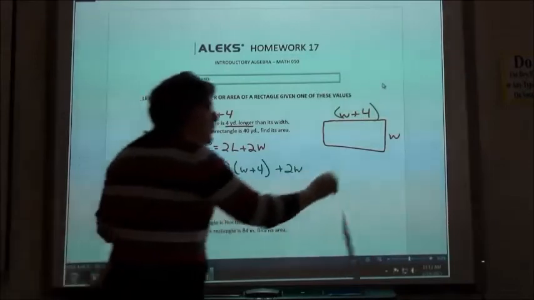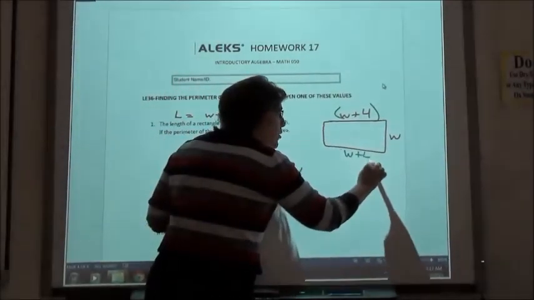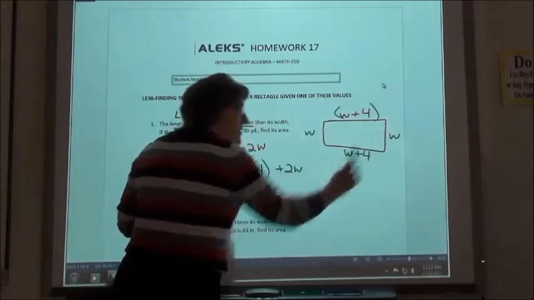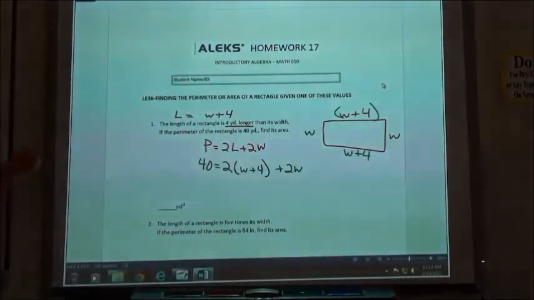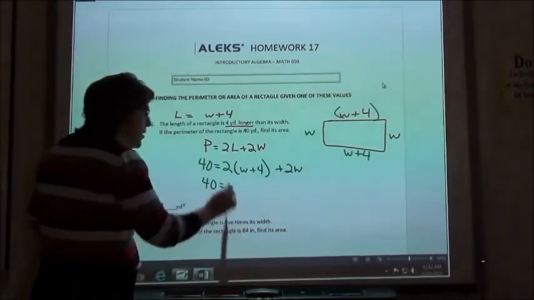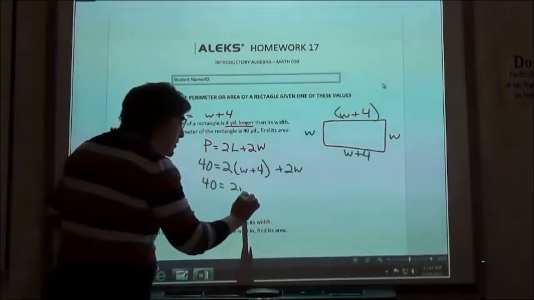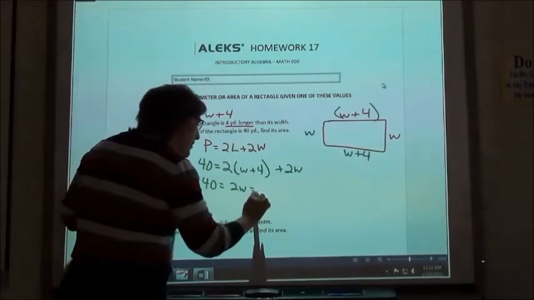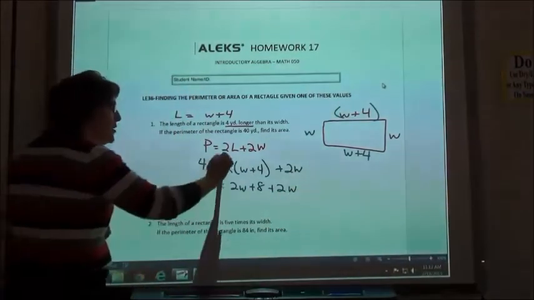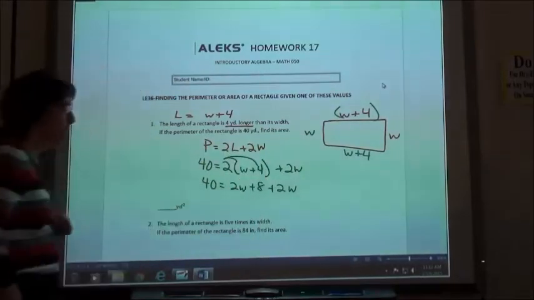2 times W plus 4 because both of these are W plus 4, and then 2W because we have this side that's W and this side that's W. Solving that then, 40 is equal to 2 times W is 2W, 2 times 4 is 8, plus 2W. So just using our distributive property right there.